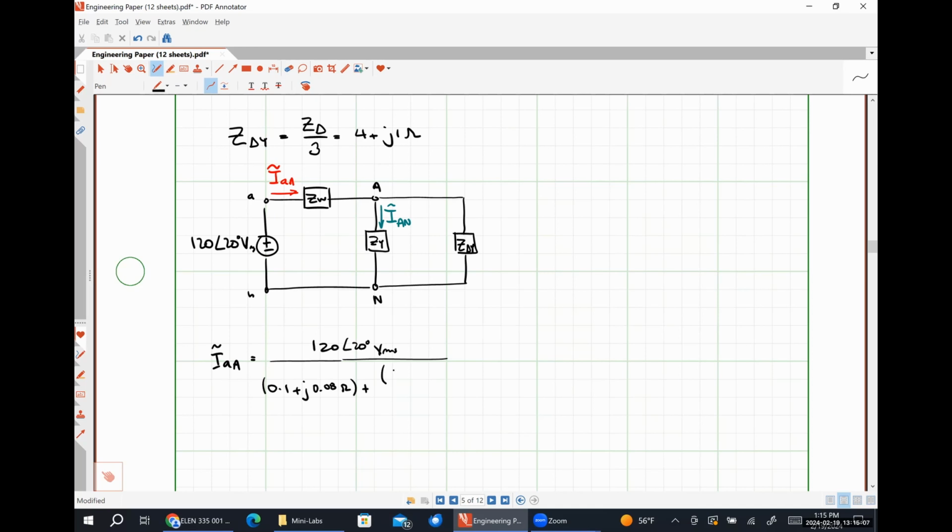And then over here, this is going to look like 8 plus J2 times 4 plus J1 over 12 plus J3. And this comes out to be 41.875 with an angle of 4.897 degrees amps RMS.